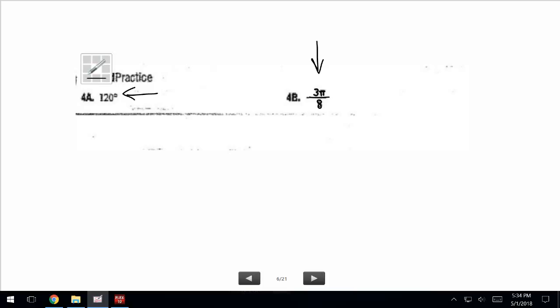So first thing you need to do is make this 120 a fraction. How do you make anything a fraction? You put it over 1, okay? And you have two options and two options only in that little box right above these two examples. You can either multiply by pi over 180 or 180 over pi.